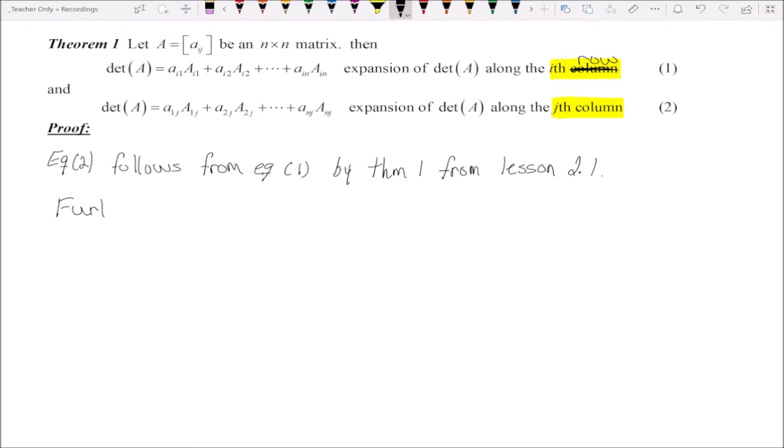Now, for this proof, we will only consider the case of n equals 3. So we're only going to prove this for a 3 by 3 determinant.